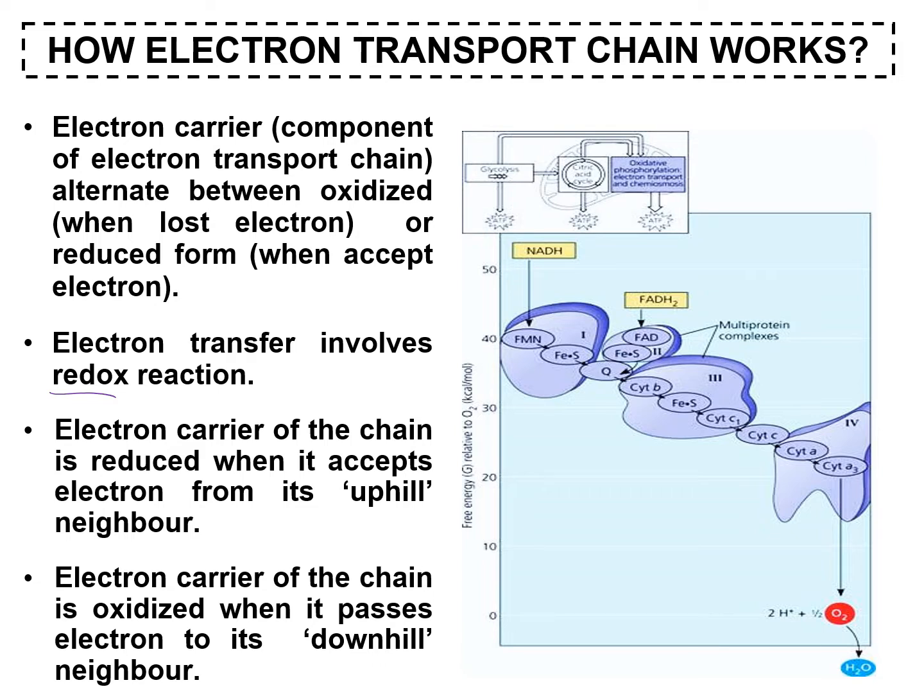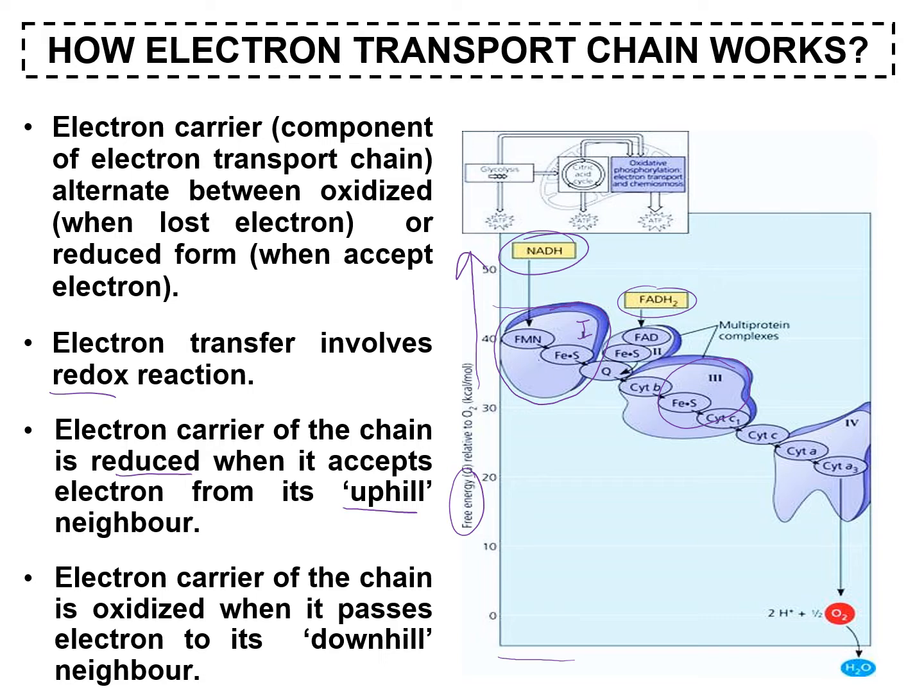Okay, an electron carrier of the chain is reduced when it accepts an electron from its uphill neighbor. Look at the graph here. This is a graph actually. The free energy is increasing, right? So NADH has a higher energy level than complex 1.